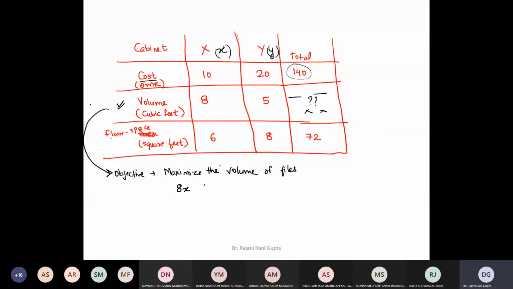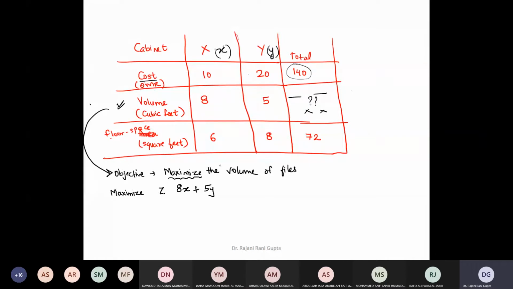So the total volume will be 8x plus 5y. And what is your objective? Maximize. So we maximize this objective function, which we denote by Z.